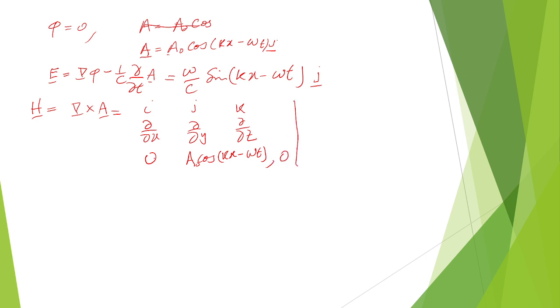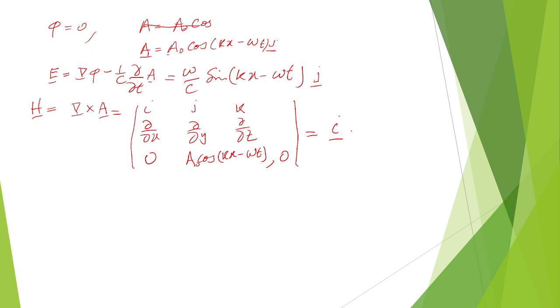So this determinant will give me the magnetic field. That is the electric field function. And what is the magnetic field function? This is the i direction, partial by partial y of 0 is 0, and partial by partial z of this function is 0.